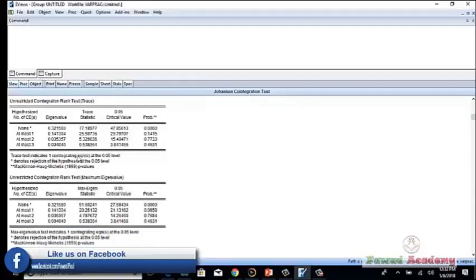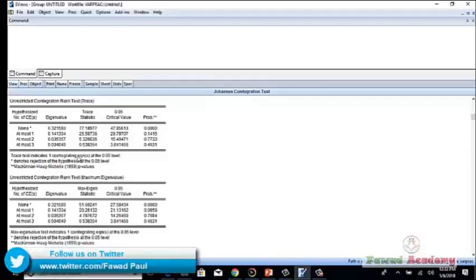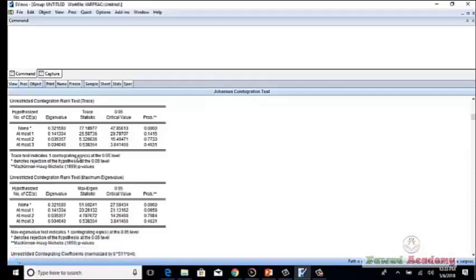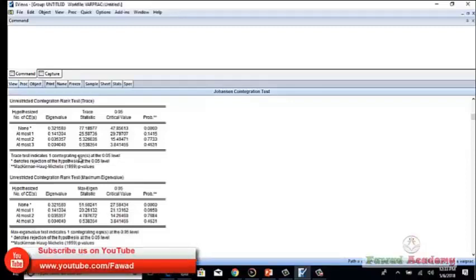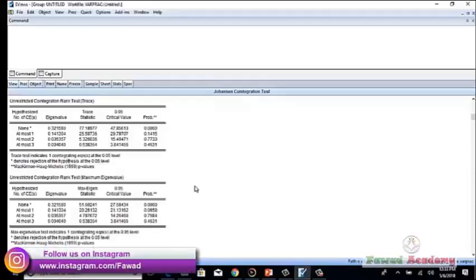It means that r equals 1, meaning that a cointegrating equation exists in our model, meaning that there is a long-run association among the variables. So we can select the vector error correction model instead of vector autoregressive, because a cointegrating equation exists in our model.